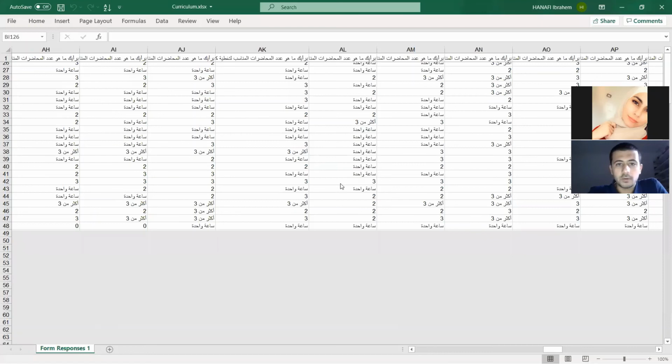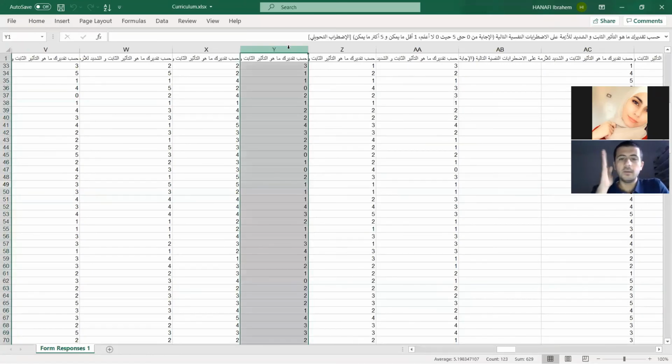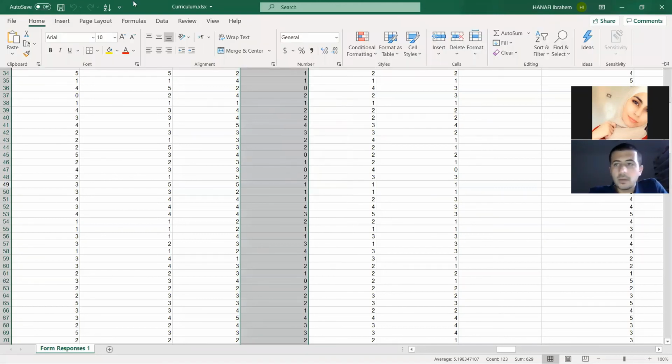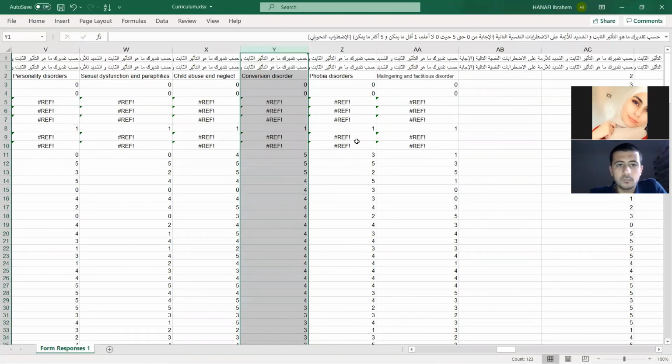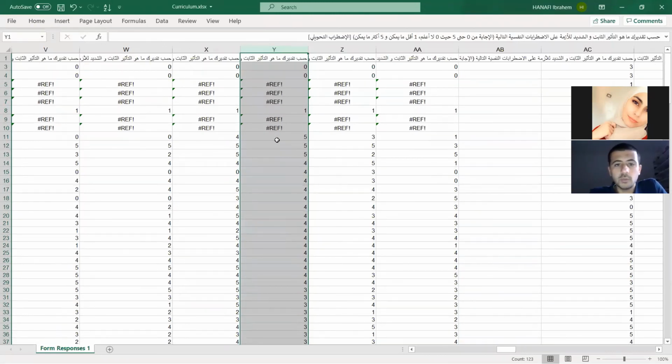Those are Likert scales, numbers that go from 0 to 4. I sort them. What are those cells? I don't know.